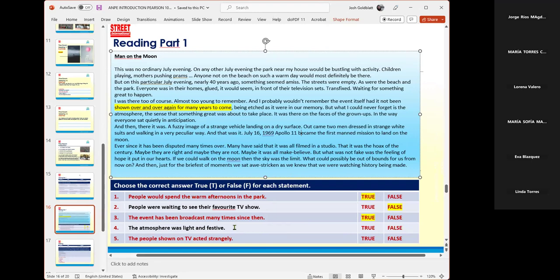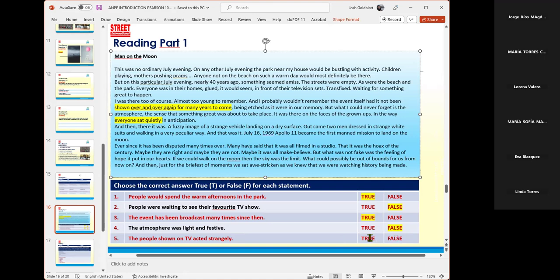And then the atmosphere was light and festive. True or false? False. Okay. Everyone sat quietly. And the people on TV acted strangely.